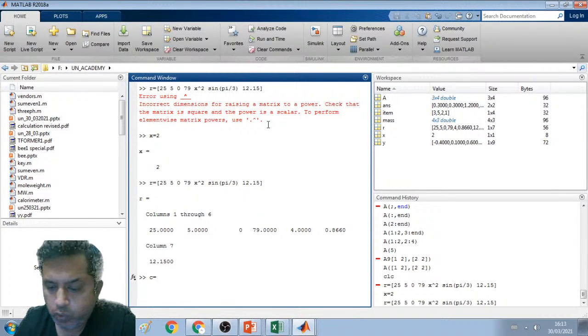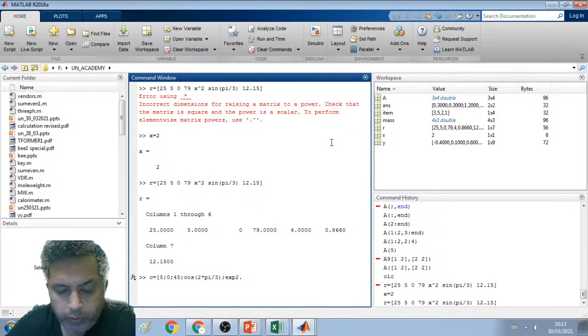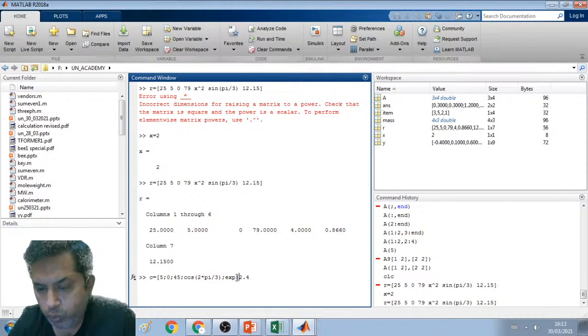Column vector C is equal to 5 semicolon 0 semicolon 45 semicolon cos of 2 star pi divided by 3 semicolon exp 2.4 semicolon 3.2 semicolon ln 4.